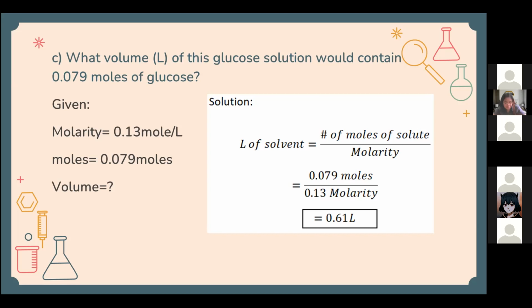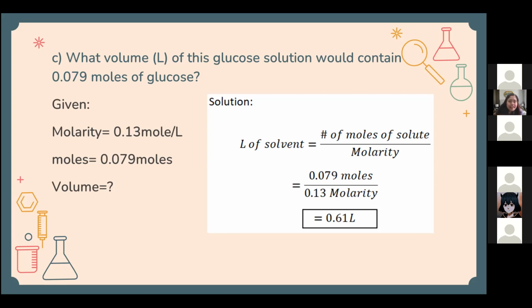If you guys are wondering bakit yung unit niya is naging liter pero wala namang liter dito sa taas, kasi di ba sinabi ni ma'am kanina yung unit ni molarity is pwedeng maging moles per liter. So if isulat natin dito na 0.13 moles per liter, we're going to cancel the moles, maiwan na lang si liter, kaya 0.61 liter ang volume.